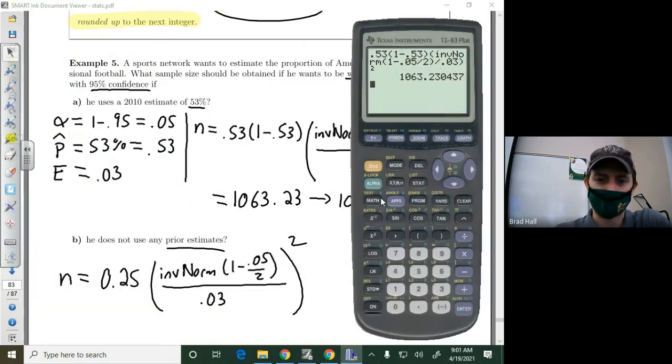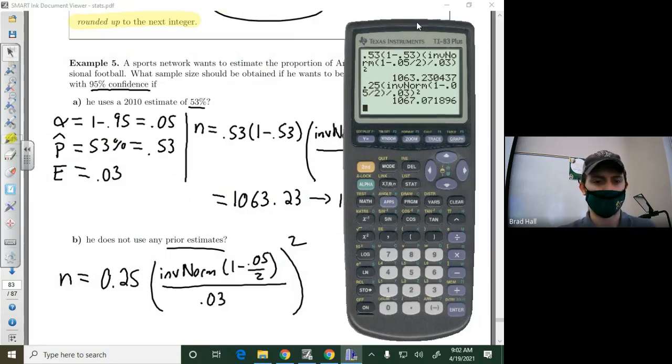It's fairly similar. In fact, I'm going to just take the results from before. If you press second and enter, you can bring back the results from before. And I'm just going to go all the way back and press delete, delete, delete. 0.25, one more delete. And that should do it.